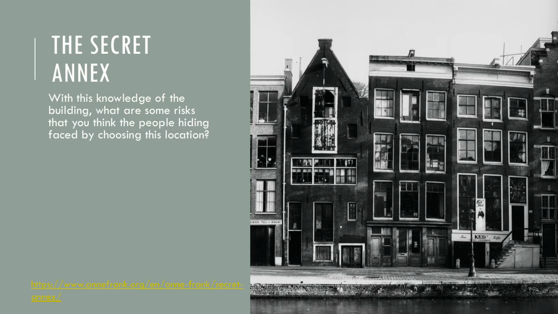So with the information from the last slide and the picture on this slide, what do you think are some risks that the people in hiding faced by choosing this location?